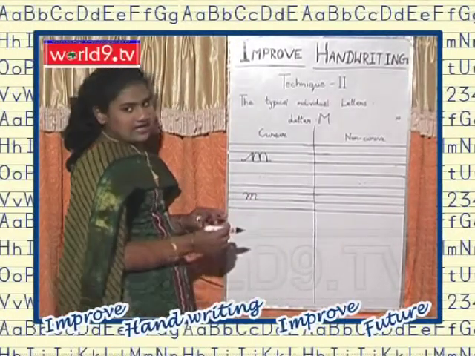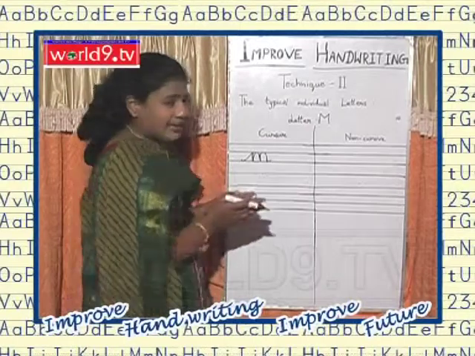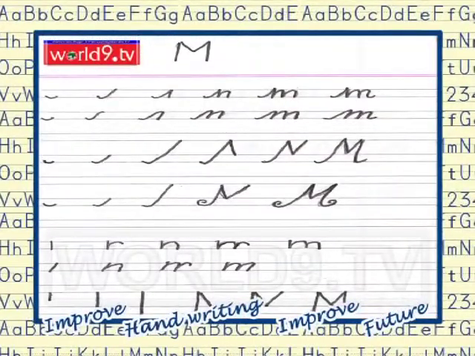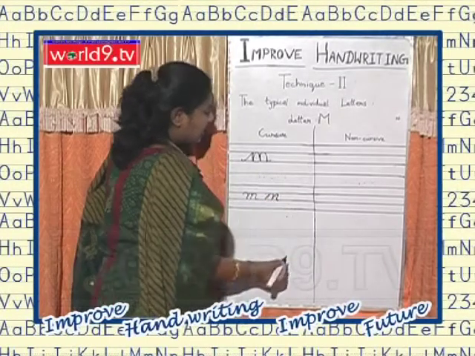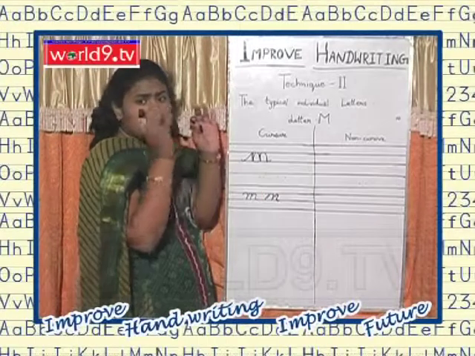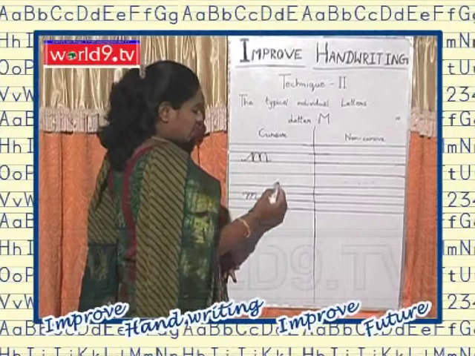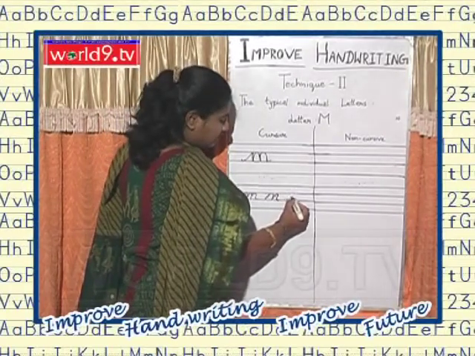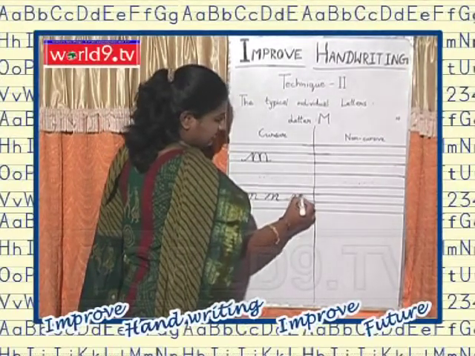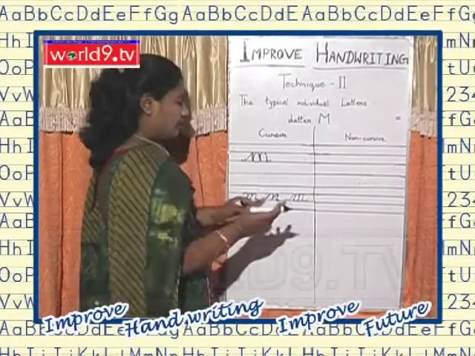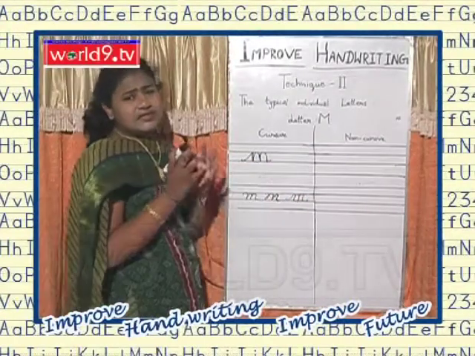This is more artistic because it is bent towards the forward slant. This is in forward slant, but this is in straight slant, or you can write it in forward slant also, or like this in the straight slant.